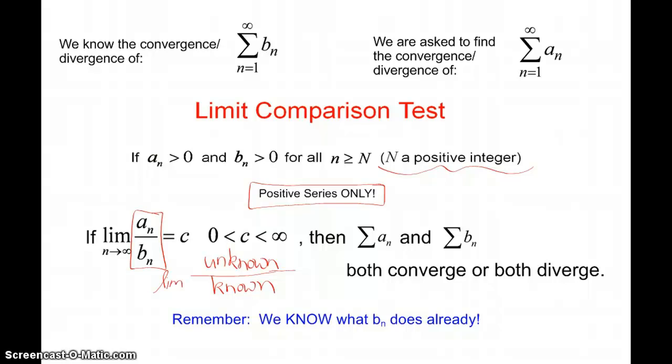All right? So if we put this ratio of our unknown to known inside of this limit, and now we're working in n because we're working with nth terms of series, and we get some real number value out of it. C is some real number value, not 0. Then that tells us, just like it did for our functions, that they both exhibit the same behavior as far as convergence or divergence. And this is super helpful because we're already going to know what B sub n does.